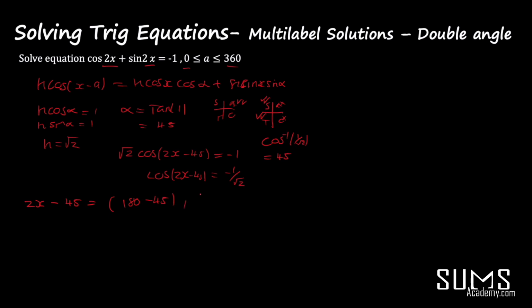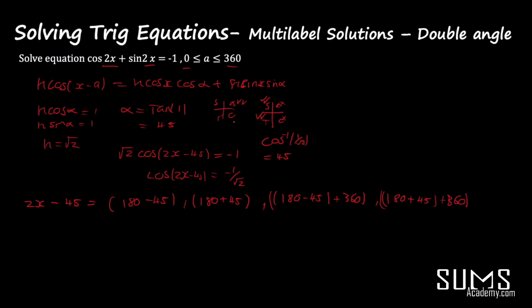The third quadrant, which is 180 plus 45. Then we go all the way around again. So now we come back to 180 minus 45, but it's happened in the second repetition, so it's going to be plus 360. And then again 180 plus 45 plus 360.